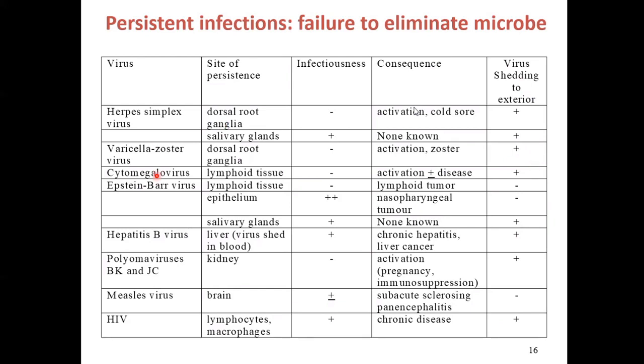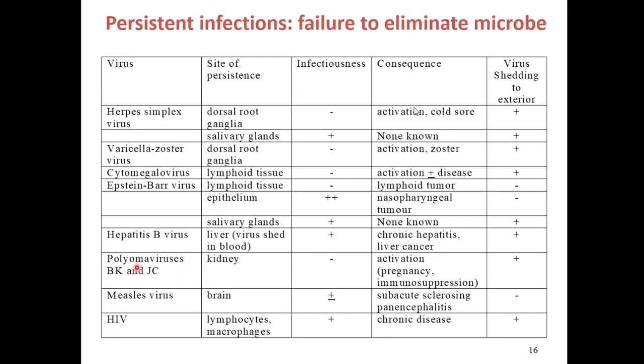We have cytomegaloviruses in lymphocyte tissue, and Epstein-Barr viruses in lymphoid tissue, but also epithelium and salivary gland. Within epithelium, it can be infectious, causing nasopharyngeal tumor. We have hepatitis B in the liver. It sheds in blood, and even in this chronic or persistent status, it's always infectious.